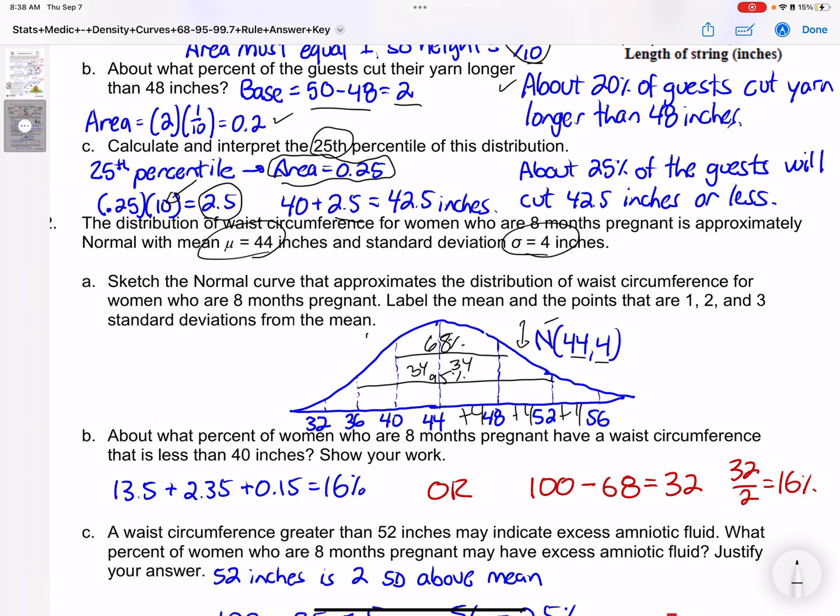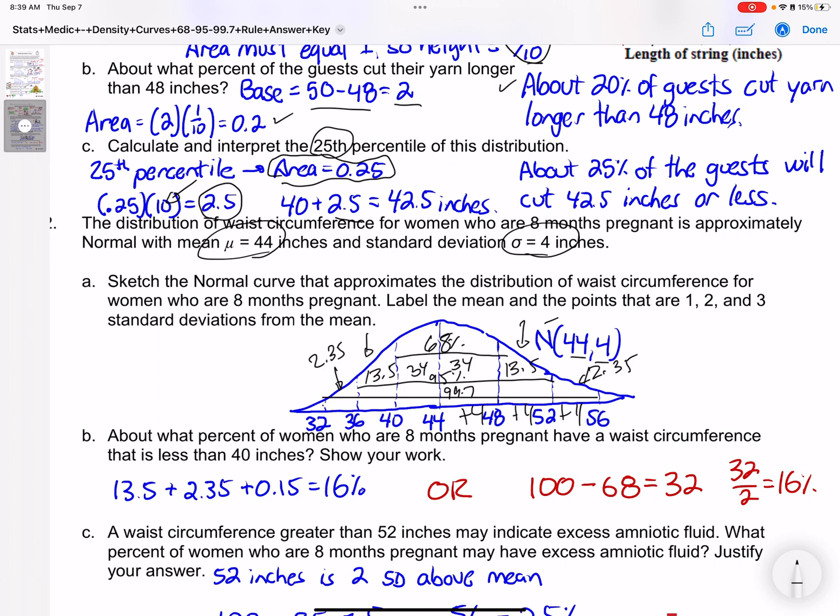This area and this area together equal 27, but they're symmetric, so this part is 13.5 and this part is 13.5. Then the same process here: this is 99.7, so 99.7 minus 95 is 4.7. These two little parts equal 4.7, divided by 2 because they're symmetric, is 2.35 and 2.35.